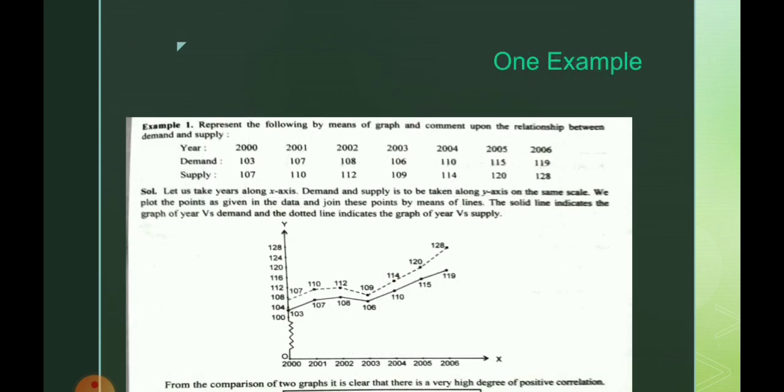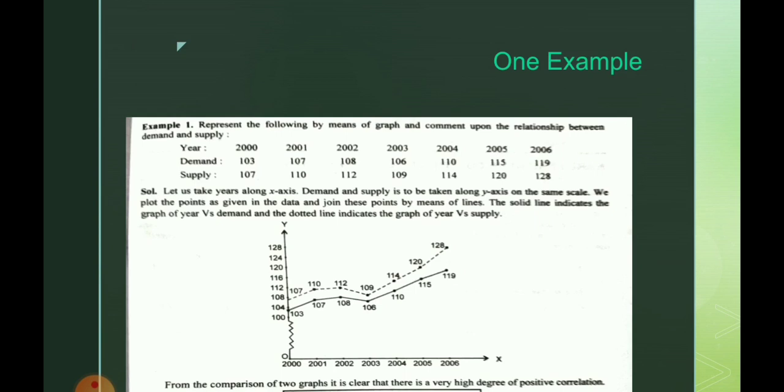Now here is one example of how to make the correlogram. You are given the data of demand and supply over 2000, 2001, 2002 up to 2006.